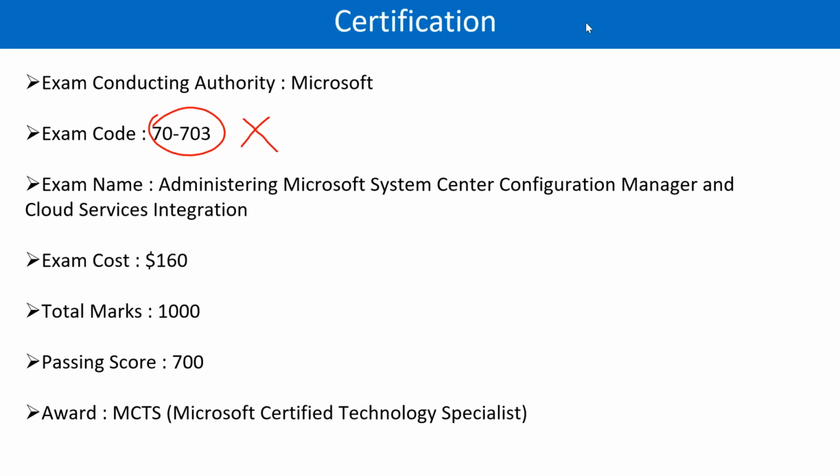So what I'm saying is, this certification exam was there before, but it is expired. It's expired in 2019. So we don't have any exam at the moment for SCCM. Understood?